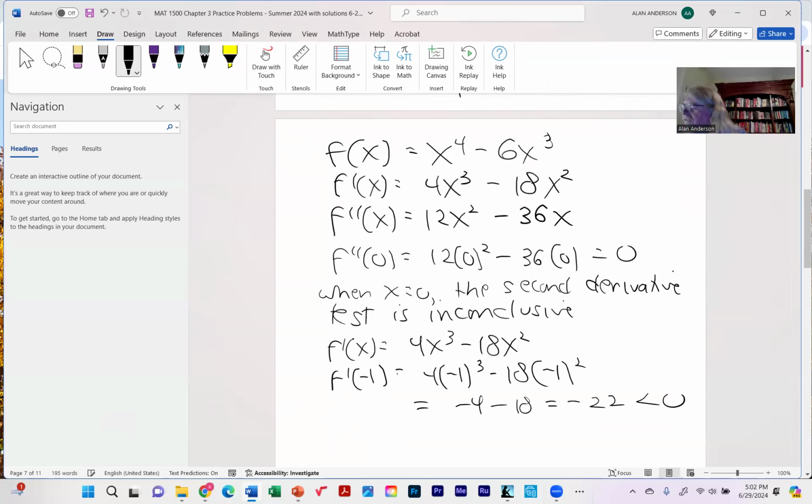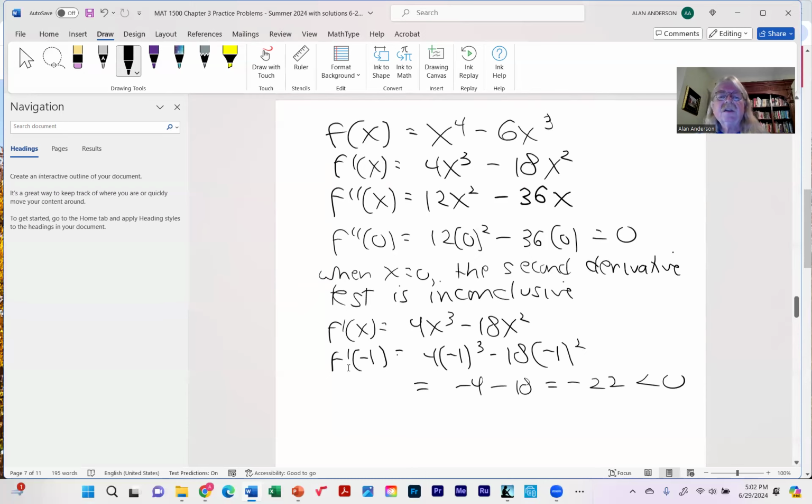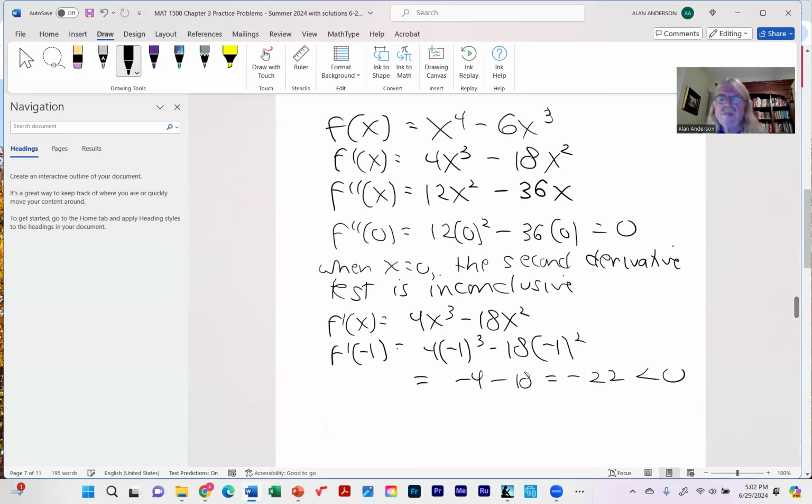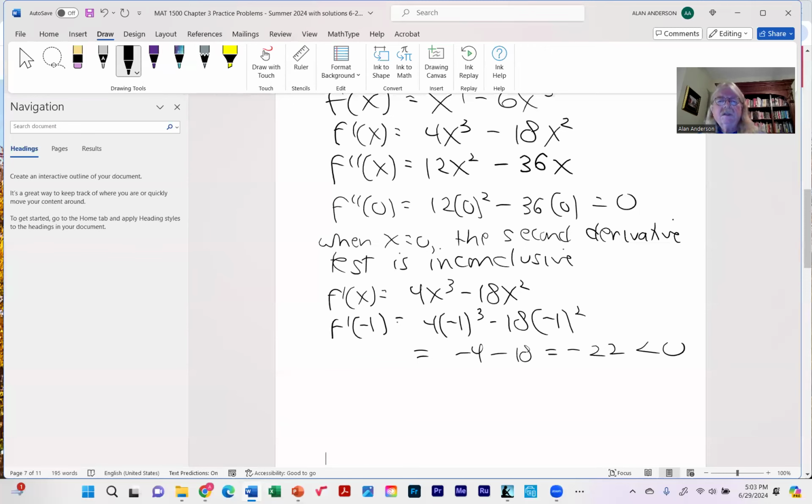All right, so we're going to have now -1 cubed is -1 times 4 becomes -4. -1 squared is 1, so we're subtracting 18 times 1, which is 18. So we ultimately end up with -22, which is of course negative. So then let's also try a value on the right, 1. 1 is fine. Let's do f prime of 1. It might be a little quicker.